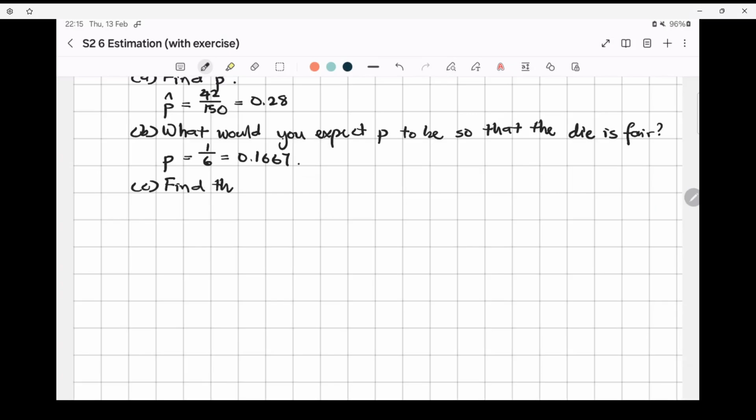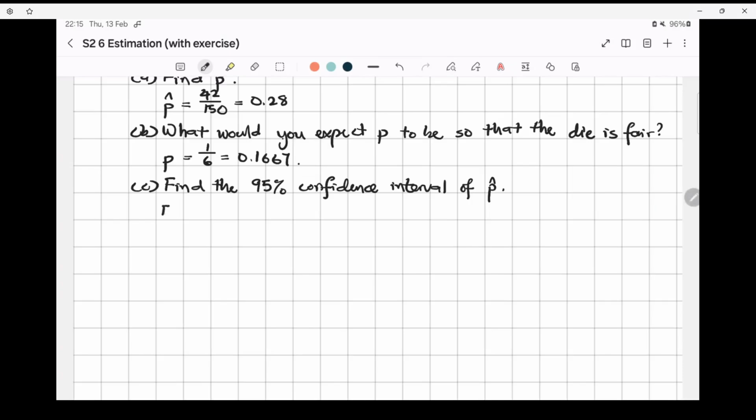Part C. Find the 95% confidence interval of p hat. So in this case, what you need to do is to identify a few things.